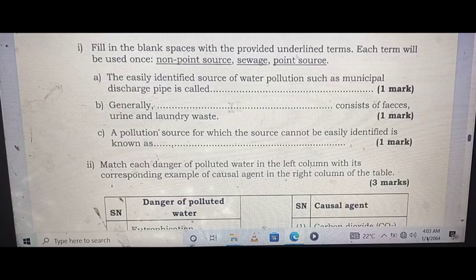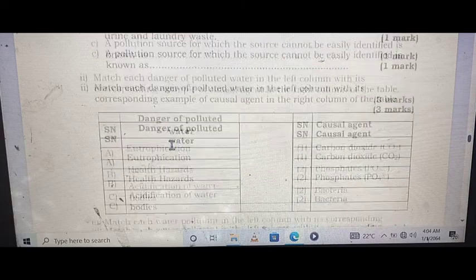B. Sewage consists of feces, urine, and ground waste. The correct answer is sewage. C. A pollution source for which the source cannot be easily identified is known as non-point source.